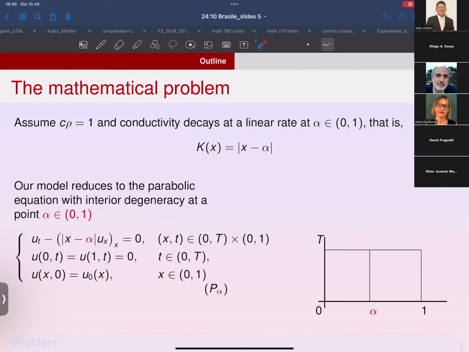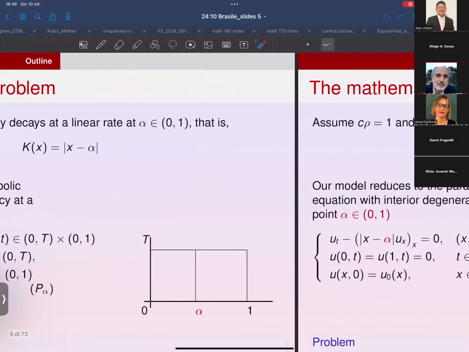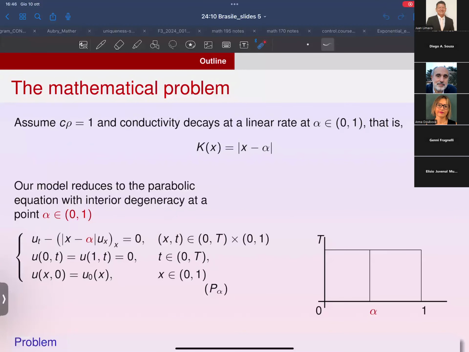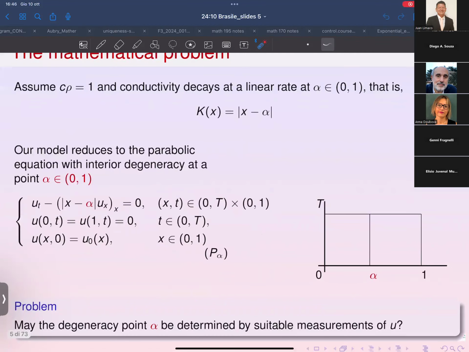Here I'm considering Dirichlet boundary condition, because I suppose that the degeneracy does not affect the boundary, and some initial condition. Okay, so the problem is to determine alpha, and also to understand what kind of measurement can be used for such a purpose.